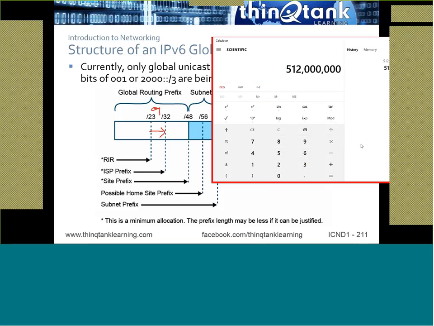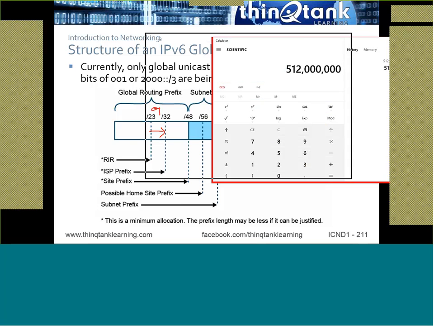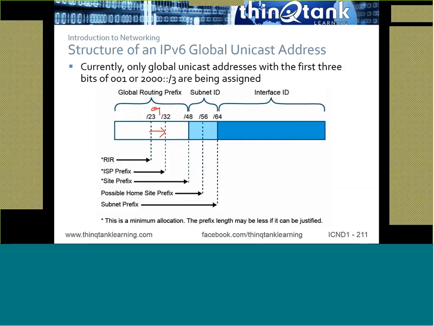Follow the logic? This is that hierarchy that we were talking about with IPv6. Well, guess what the ISPs are doing? You're a company, and you go to your service provider and you say, I want an IPv6 network. They're going to assign you a /48. That's 16 bits. 2 to the power of 16 is 65,536.